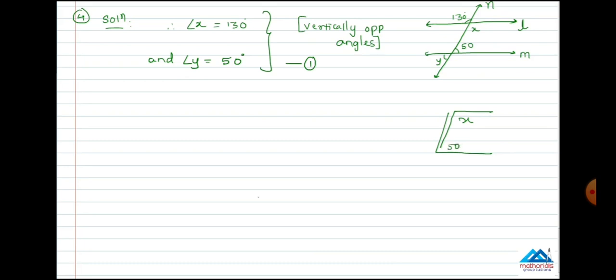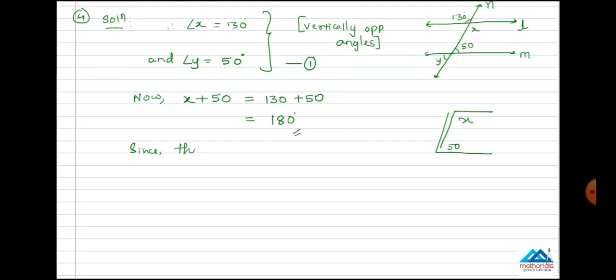Sum of the interior angles is 180, supplementary, and if we prove these are interior angles, we can also prove line L is parallel to line M. So here, student, we will write X plus 50 degree, X equals 130. So in the place of X we will put 130, plus 50 as it is. 130 plus 50, we will get 180 degree, and interior angles are supplementary.